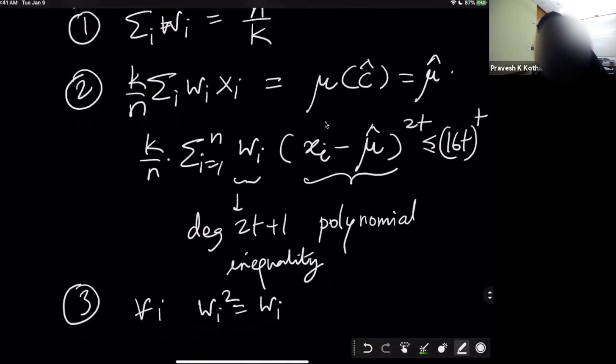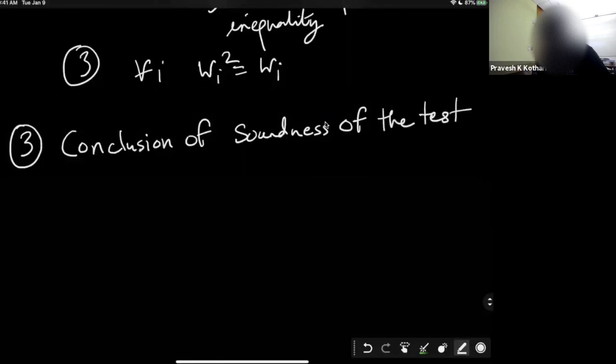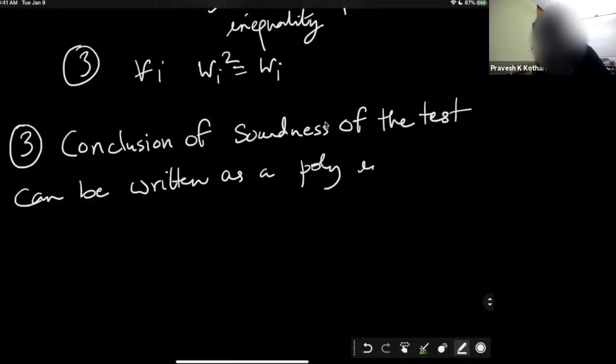Good, very good. And the final thing I want to observe is that the conclusion of the soundness statement about the test can be written as a polynomial inequality.